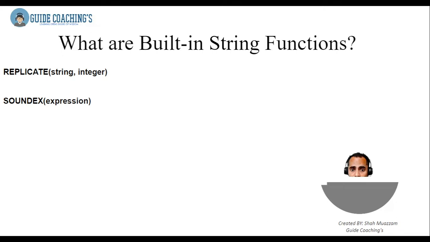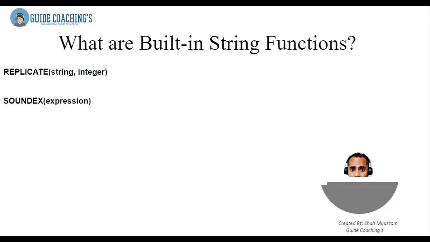If I have a string and I want to rewrite it multiple times, I write that string and then give the number of occurrences I want. So if I write guide coachings and I write 3, guide coachings will be printed 3 times, or thrice.